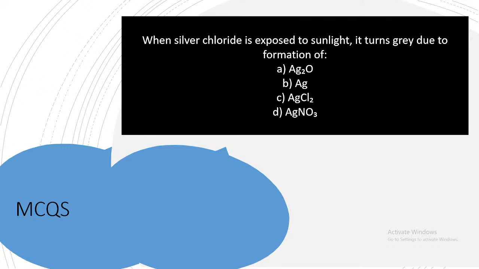When silver chloride is exposed to sunlight, it turns gray due to the formation of: option A, Ag2O, that is silver oxide; option B, silver; option C, silver chloride; option D, silver nitrate. So which will be the correct option?